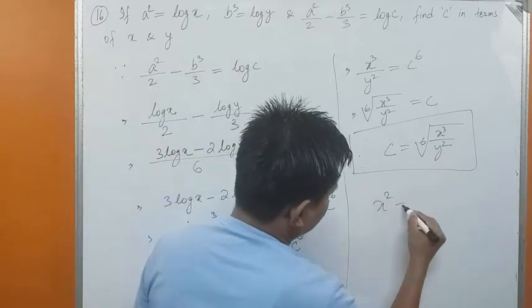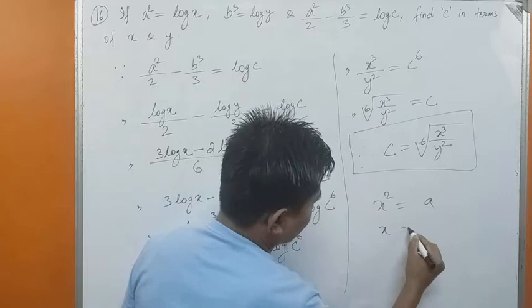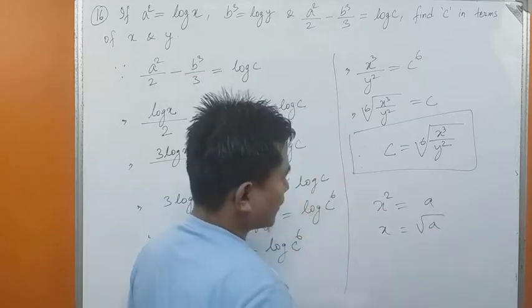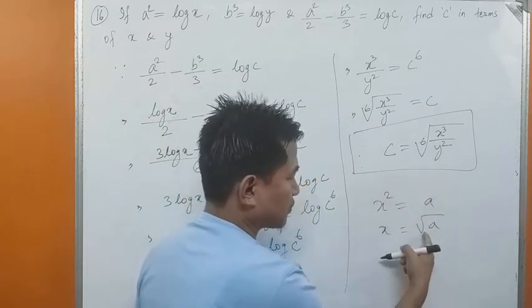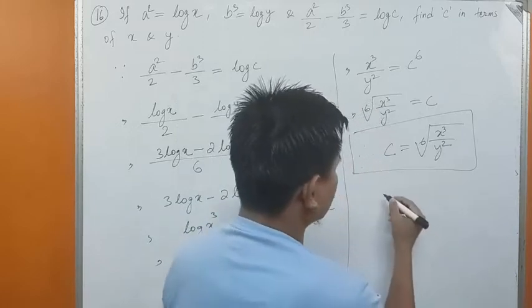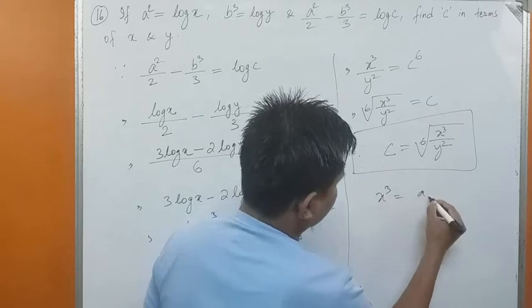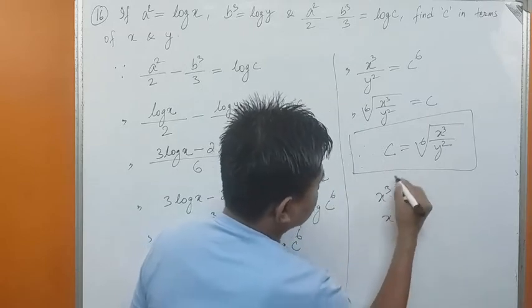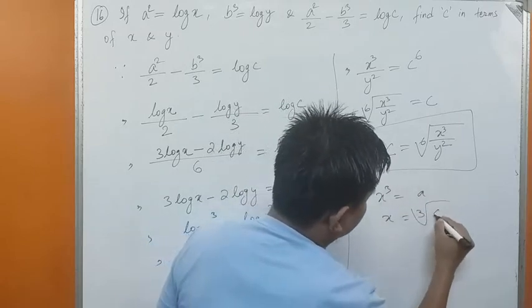If we have x square equals a, then we write this as x equals square root of a. A square when we take to the right hand side becomes a square root. Similarly if we have x cube equals a, then we take this cube to the right hand side and write cube root of a.